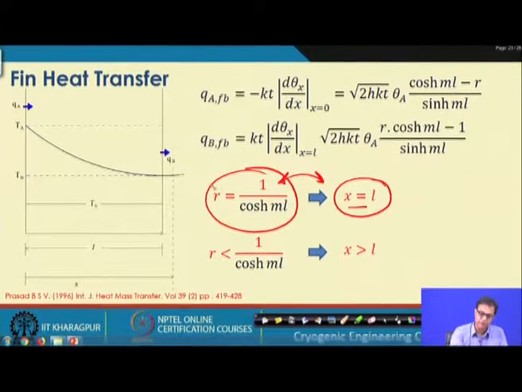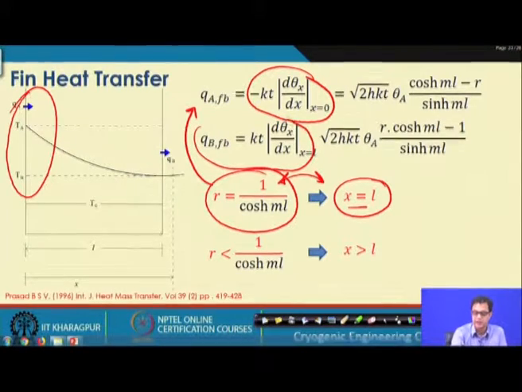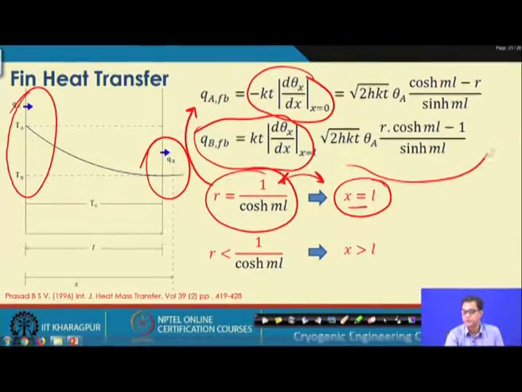But if we find the heat transfer at the fin base, expression like minus k dT/dx at x equals 0, that is at x equals 0 on this side, and the fin base at d theta/dx at x equals L on this side, that will be this one.